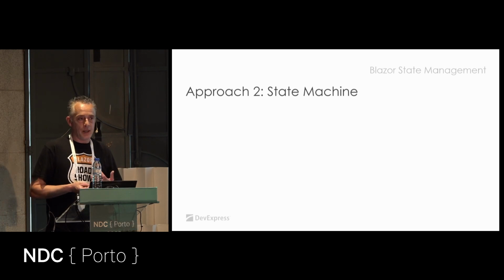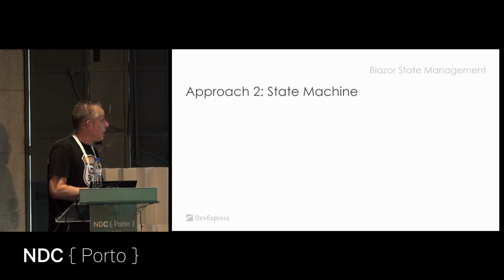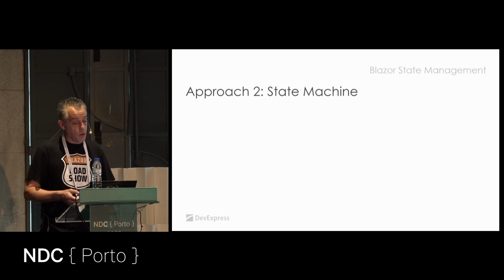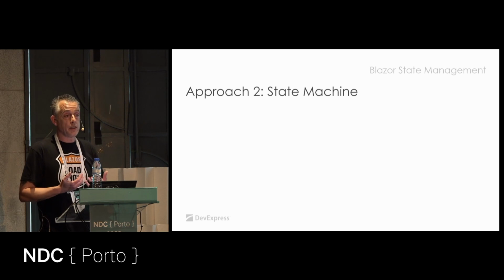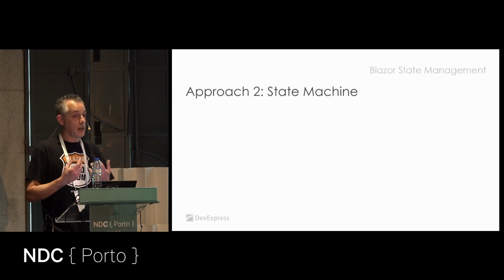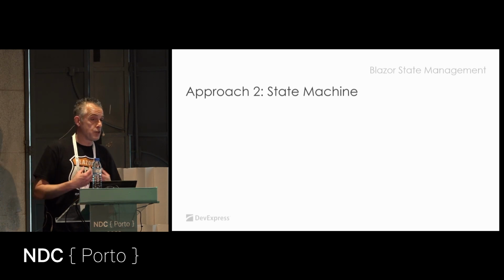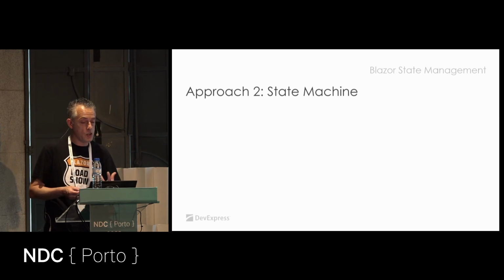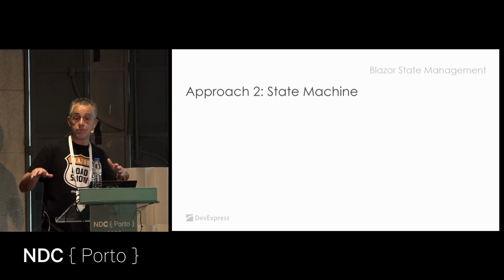Well, that is basically some object which lives in your application, and that keeps track of the state. Well, and because .NET Core and Blazor have an excellent dependency injection mechanism, we can actually use dependency injection to register a singleton or scoped instance and inject it everywhere.